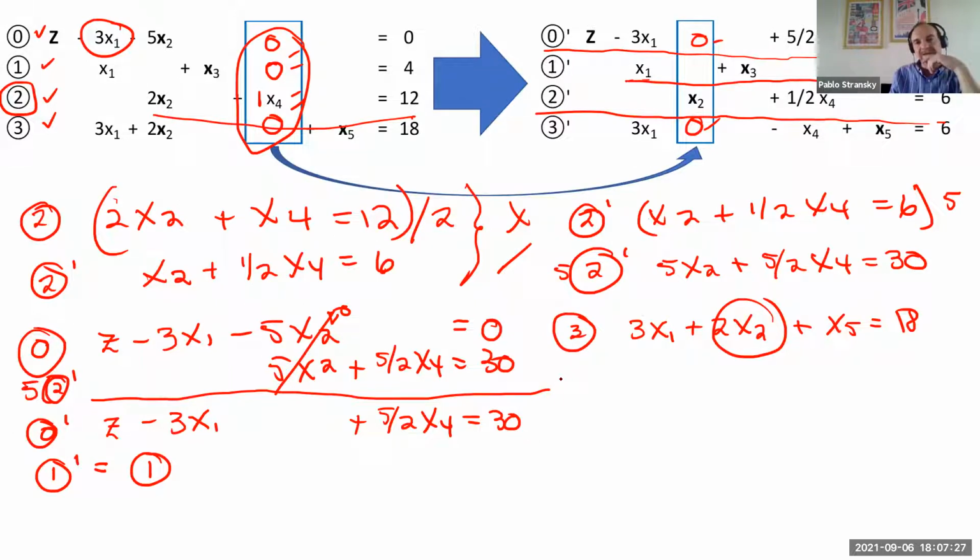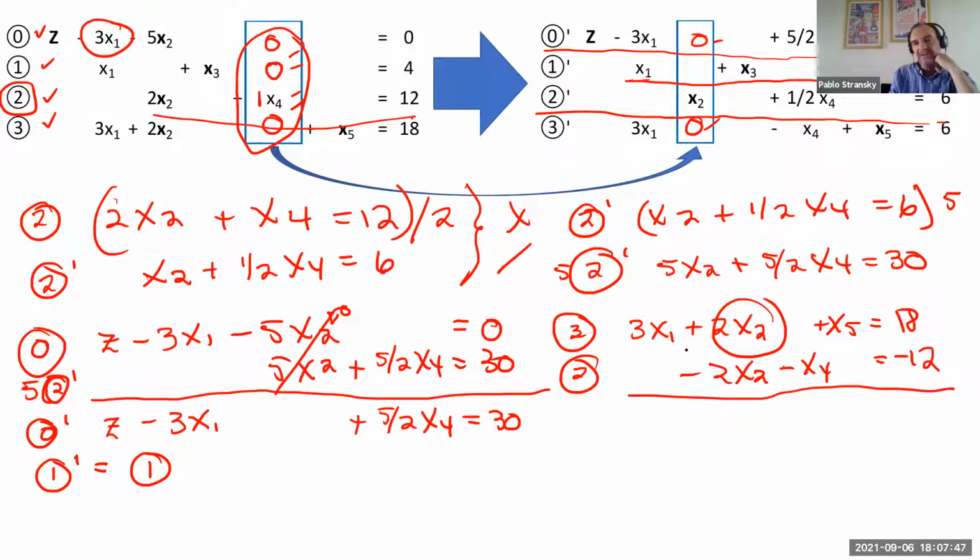So I'm going to be subtracting equation 2, doing minus 2x2 minus x4 equal minus 12. I just add them at this point and it will be 3x1, this 2 goes to 0, minus x4 plus x5 equal 18 minus 12 gives me 6.